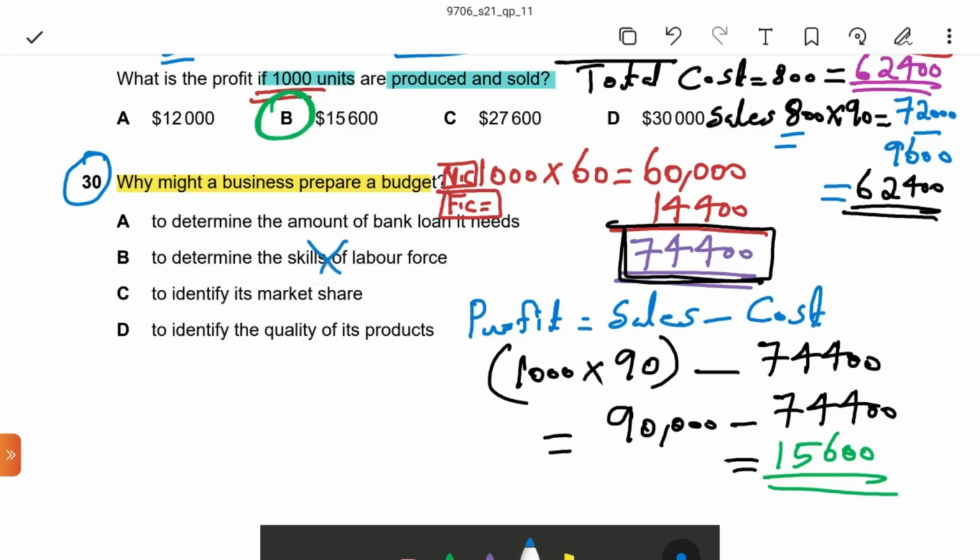Labor force, we will not do the budget. Identify market share, no. Quality of the product, no. Budget is the financial estimation. So, to determine the bank loan needs, this is the financial plan. Correct answer is answer A.